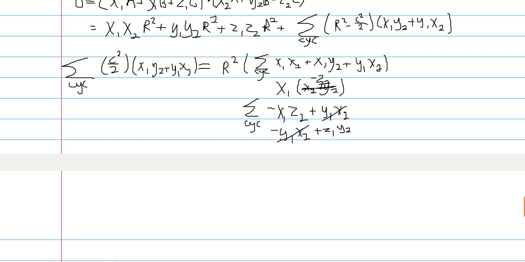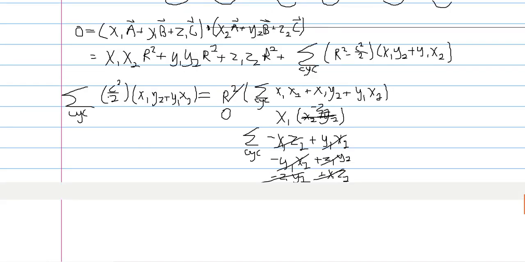But then the next term, since these were the same, we'll have a minus y1 x2, or a minus z1 y2 here. Those cancel out. And then finally, this last term will be an x1 z2. So in fact, everything does cancel out to 0. So we're left with r squared times 0, which is just 0.